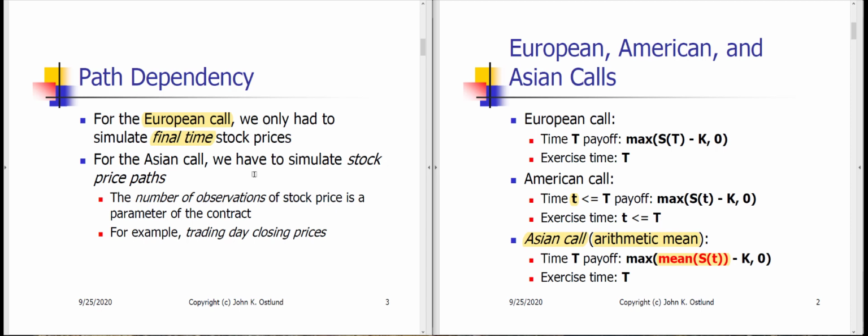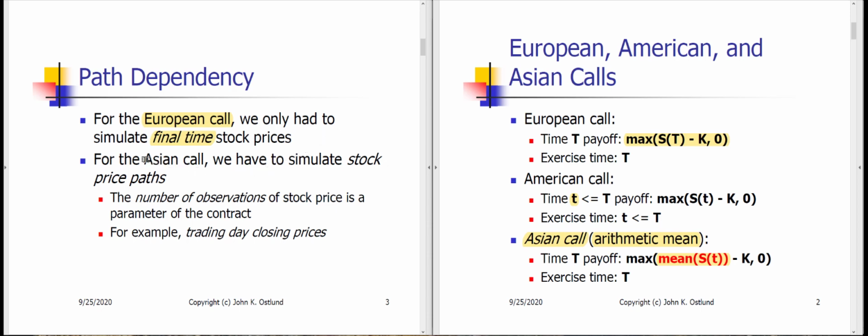And using those final stock prices and the final time payoff formula, that is the maximum of either the final time stock price minus the strike, or 0 if the stock price at the final time was below the strike, we were able to roll that back using the interest rate to get a current time call price based on the average of those simulations.